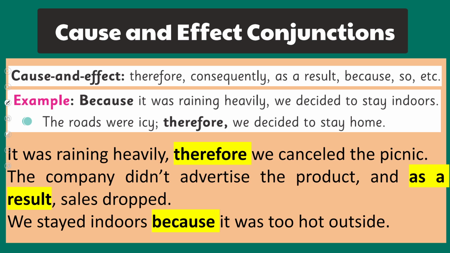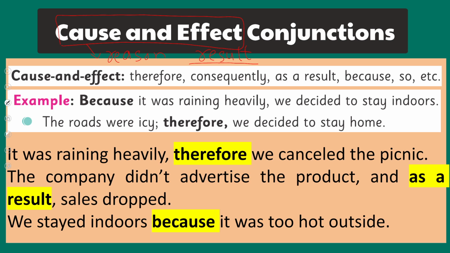Now students, let's talk about some conjunctions that we use for cause and effect. Cause is the reason and effect is our result. Cause and effect relationship we have already studied in previous classes. They are working together.